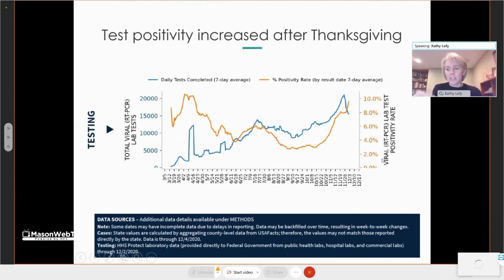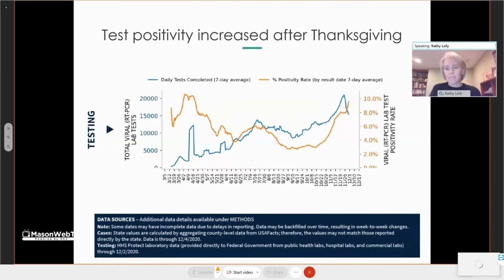Since we have not shown you test positivity data on our dashboard due to a backlog in getting some of our negative lab results into the dashboard, I did want to show you some data that we received from the federal government. About 70% of the COVID tests that are performed in Washington get captured in the federal reporting system.